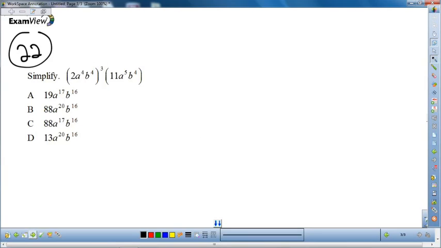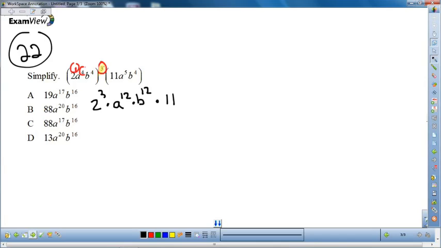For 22, I need to deal with this power to a power first. So since it's parentheses to a power, you're going to have to multiply to all three bases. So I'm going to have 2 to the third times a to the 12, because 4 times 3 is 12, times b to the 12, because 4 times 3 is 12.